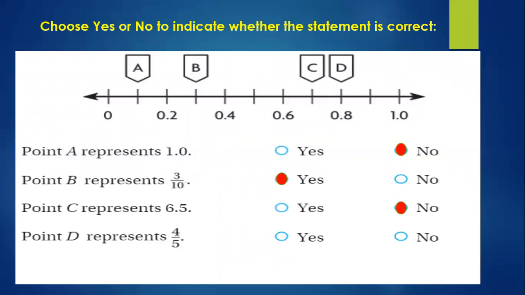Yes, because 4 out of 5 is 8/10, which is 0.8. So it's correct. So you have to read, understand the meaning of the statement, and if necessary, change the fractions to decimals and compare them and see if it is yes or no, and then mark accordingly.